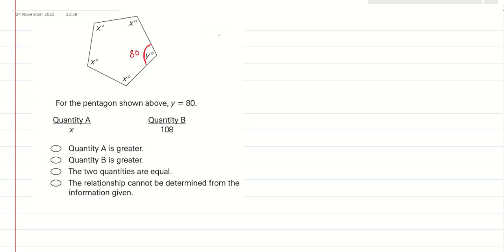So 4x plus 80. Remember what is the sum of angles? Correct. So 5 minus 2, pentagon, no? (5 minus 2) into 180. Correct. x equals 11. Wonderful. Very good.